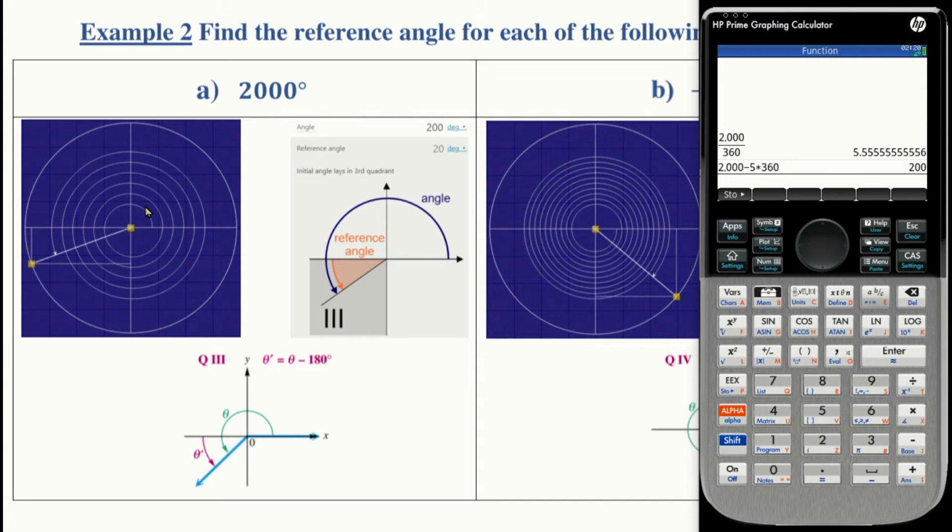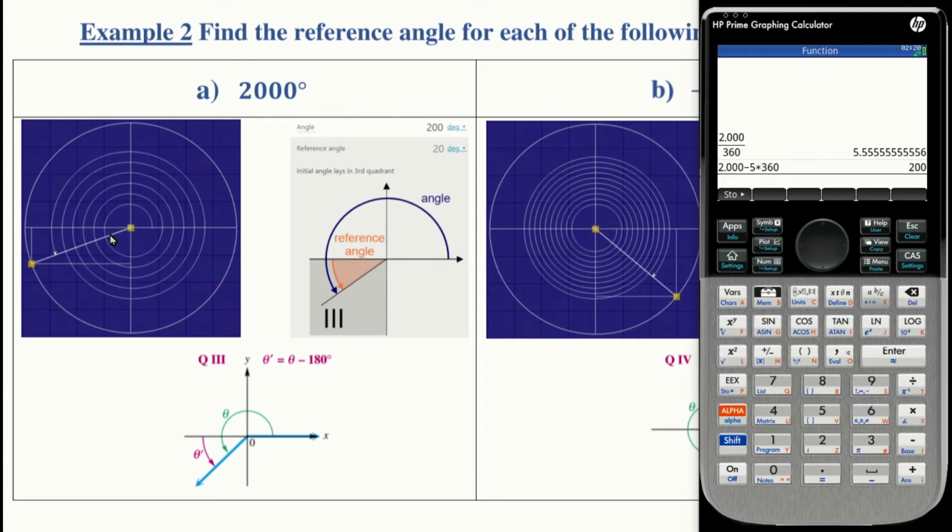and we see that a 200-degree angle would be coterminal with a 2000-degree angle. So in other words, all we have to do now in order to find this reference angle, remember the reference angle is this small acute angle that the terminal side makes with the x-axis. So notice all we have to do now is find the reference angle for a 200-degree angle, because as far as the shape of a 200-degree angle and a 2000-degree angle, they look exactly the same insofar as the initial and terminal sides are concerned.